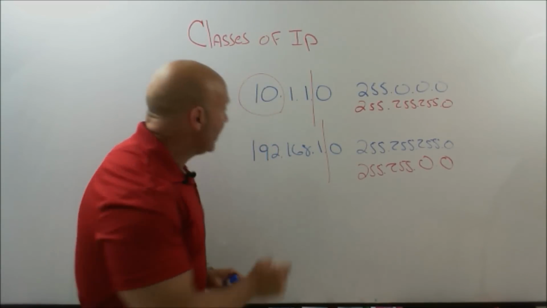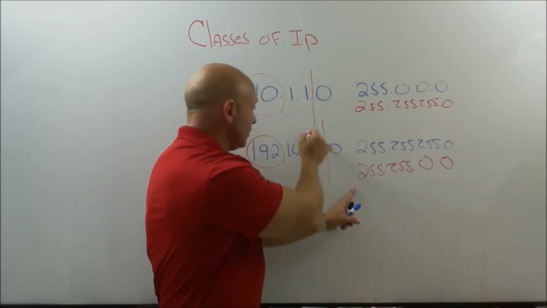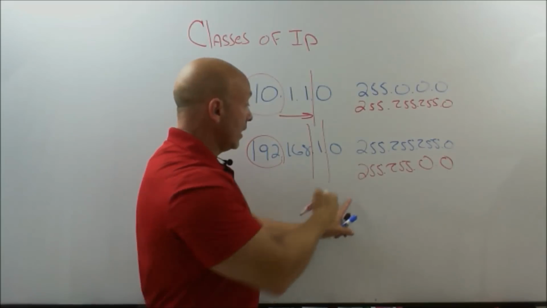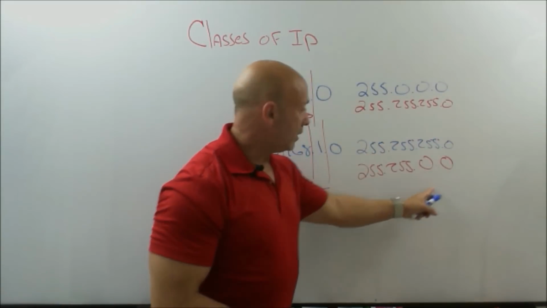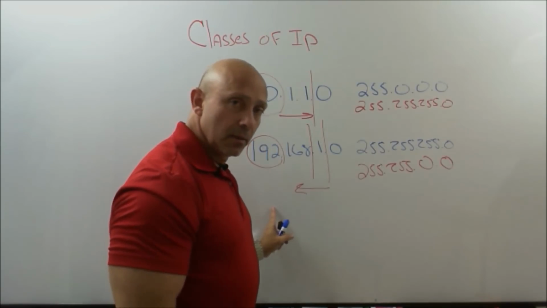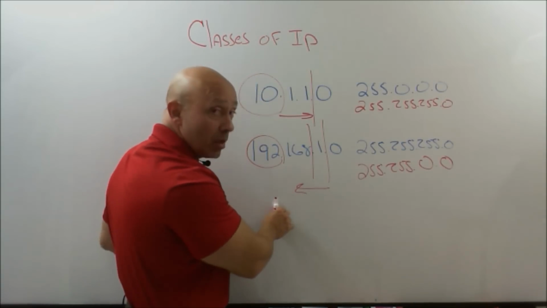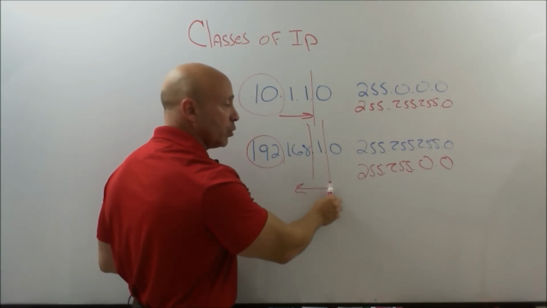No, it did not. It's still a C, but now you move the line over here. So here, we moved it like this. Here, we moved it like this. Well, here we subnet it. Here we supernet it. You see? You really can't take it back this way unless you are supernetting. You're pretty much stuck over here in the slash 24.